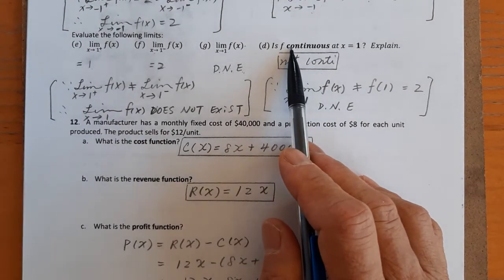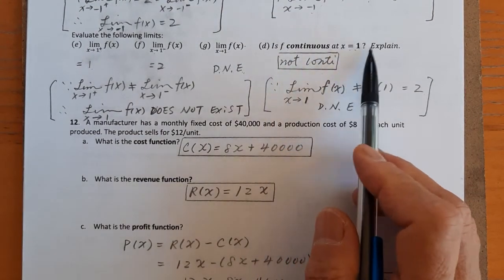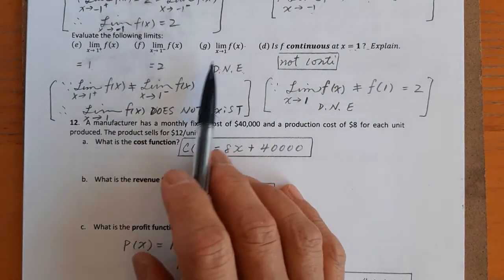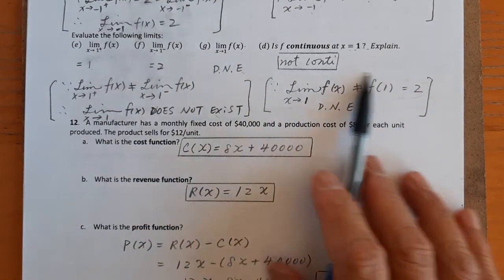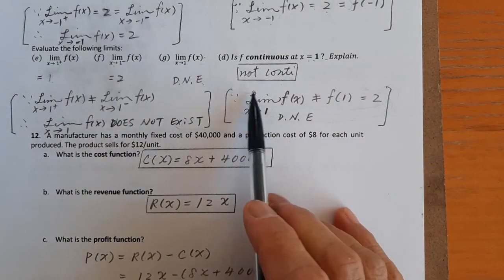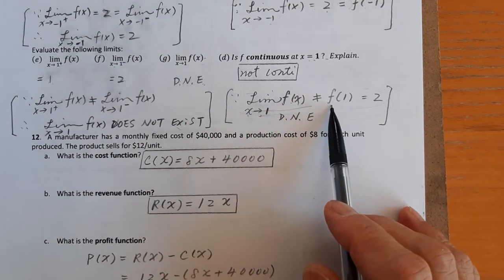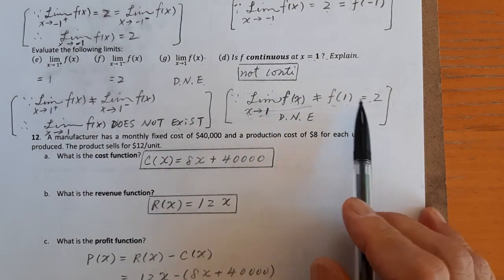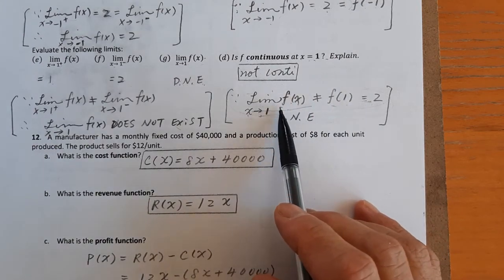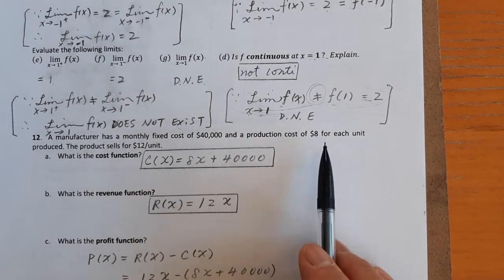And then it asks, is f continuous at x equals 1? If the limit does not exist, then this will not satisfy, because the limit as x approaches 1 of f of x does not exist, and f of 1 equals 2. They are not equal.